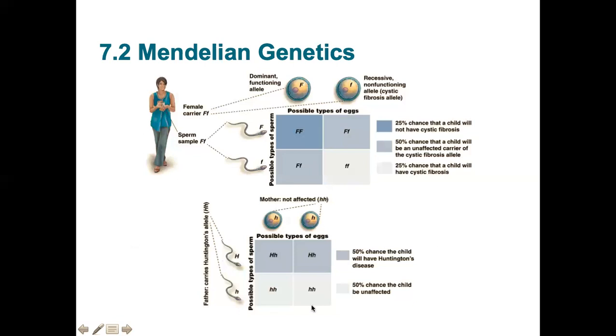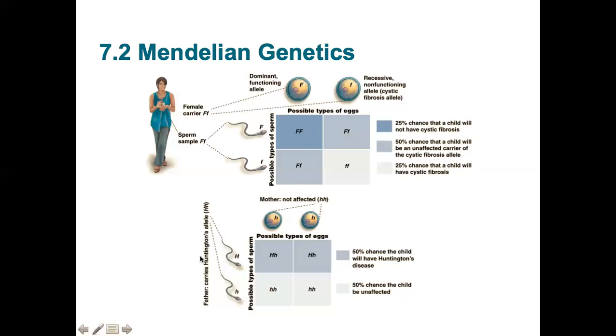So here in the Punnett square where they proposed Huntington's disease, they had a carrier father with dominant recessive traits, and the mother was, oh, I'm sorry, this one's backwards. This one, it is a dominant trait.